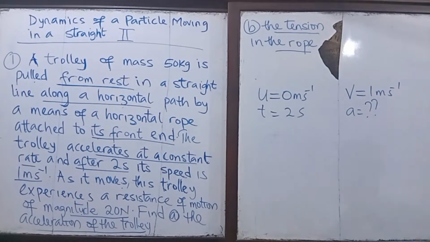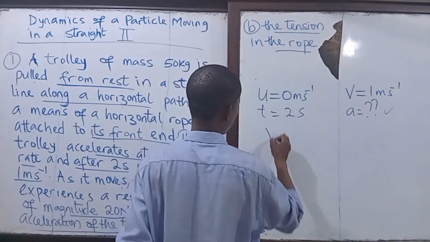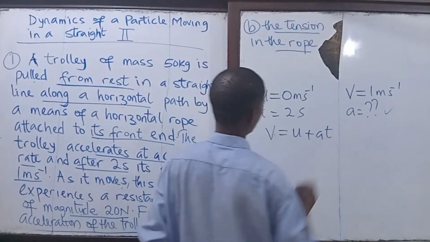Then with the given parameters, look for the kinematic equations that connect the 4 given parameters. Out of the 4 parameters, 1 is unknown. Let's check this one: V equals U plus AT.